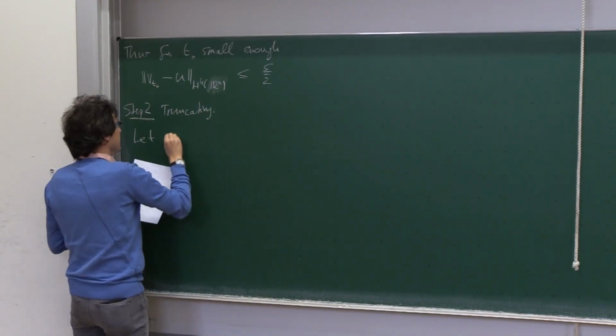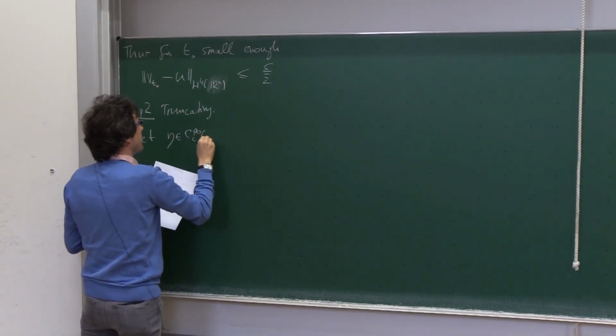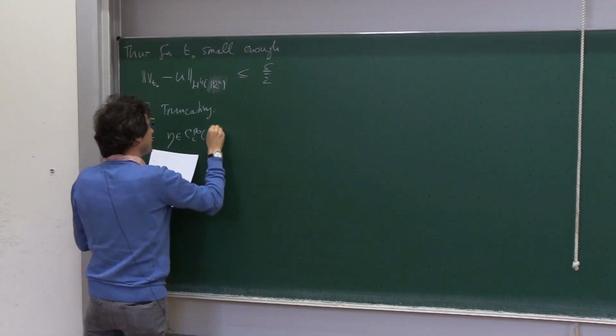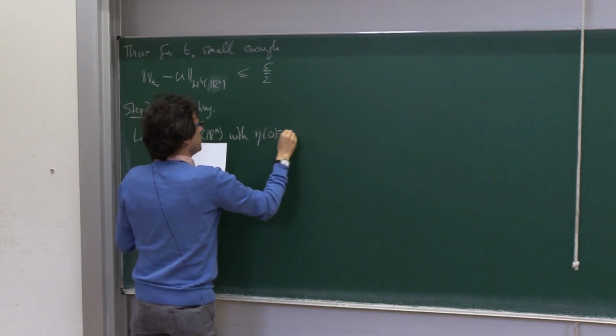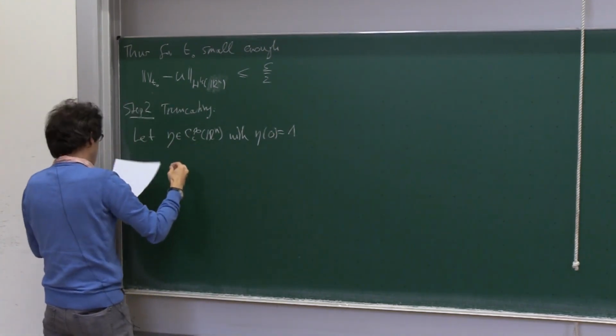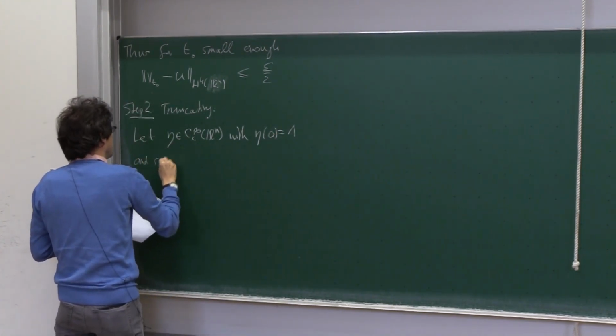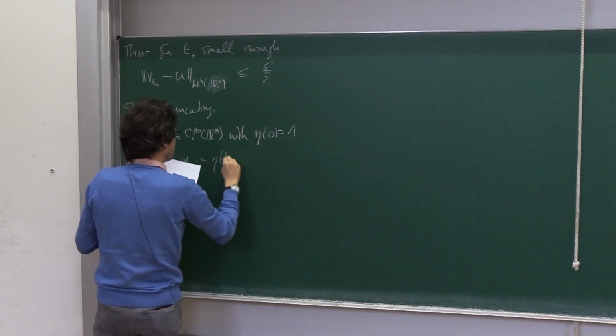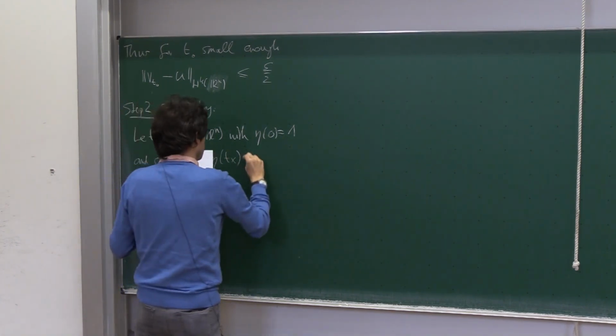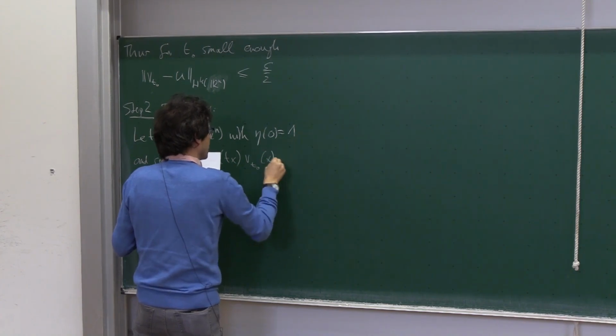sophisticated way. So let's take some C infinity function eta such that eta of 0 is 1, and set now Wt to be eta of Tx times Vt0 of x.